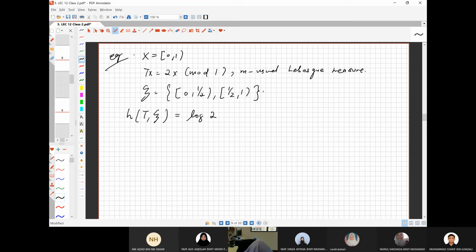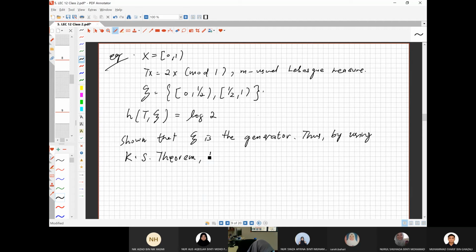So if you already got this as log 2, and you have shown that psi is the generator, thus by using the Kolmogorov-Sinai theorem, you will have the entropy of the transformation equal to the entropy of the relative, which is equal to log 2. Is that okay?